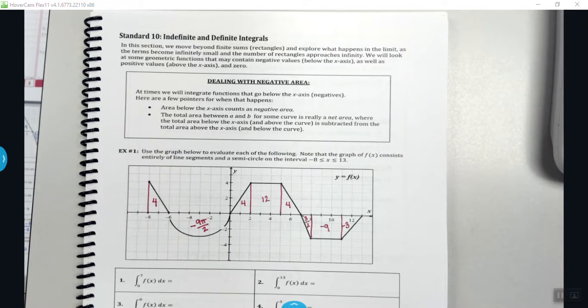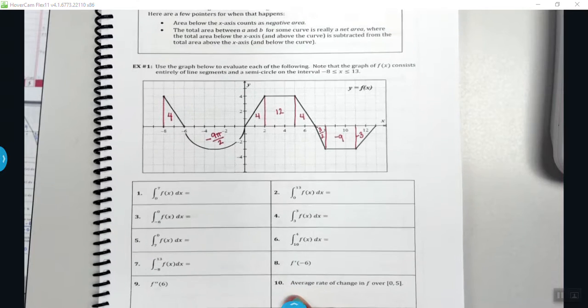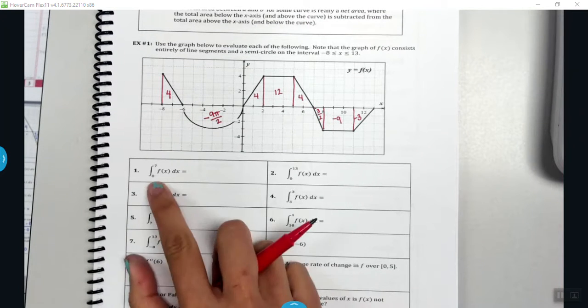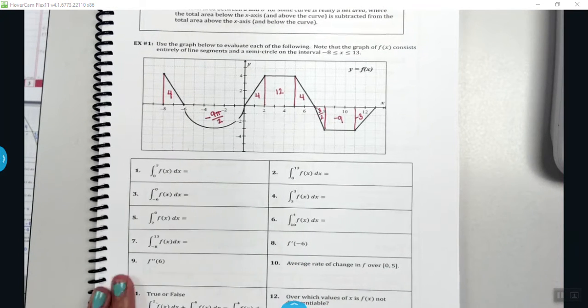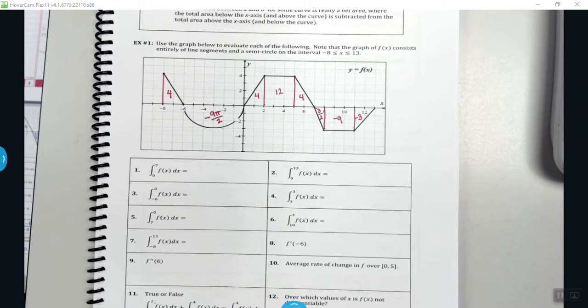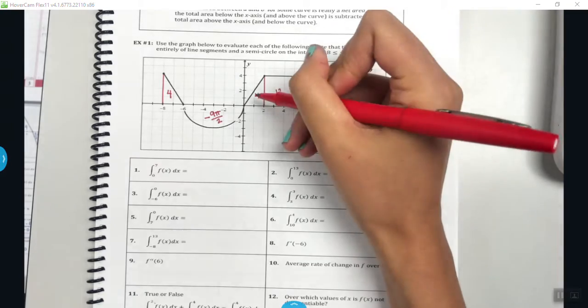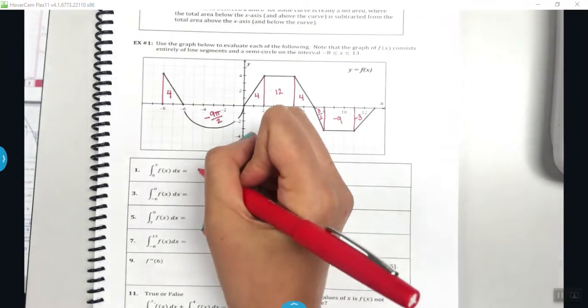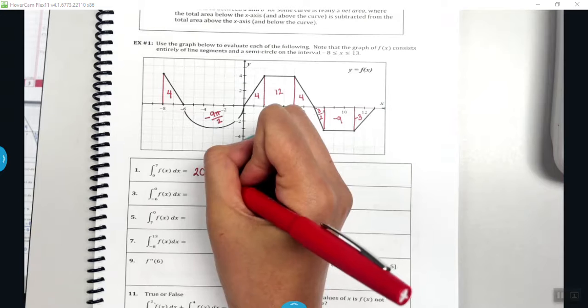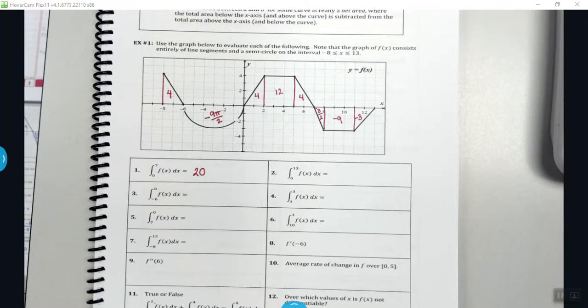Okay. Now, if you want to find the integral from 0 to 7, that means add the area, positive and negative, up from 0 all the way to 7. So 4 plus 12 plus 4 is 20. Right?